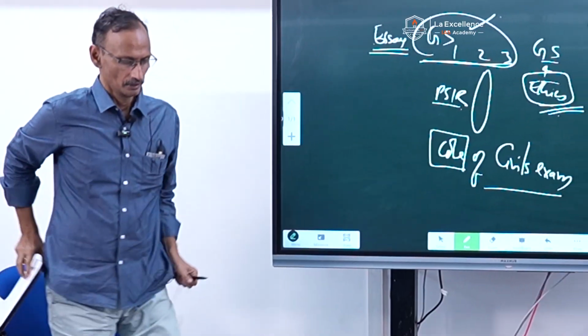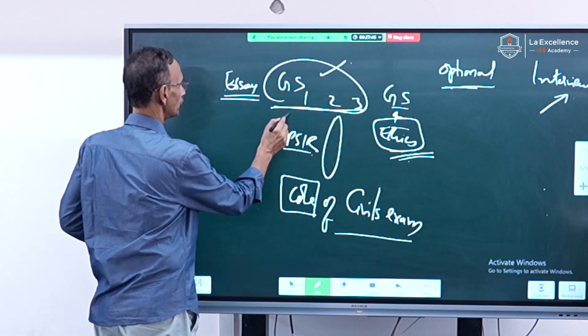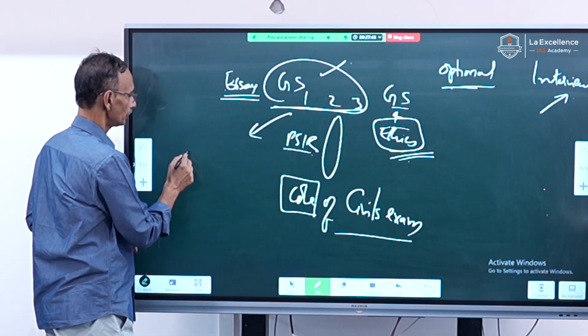Anyway, without taking much of your time, I can tell you the examination tests your skills in a variety of things. These papers test you in a particular way. For example, GS 1 to 3 is a test on info.